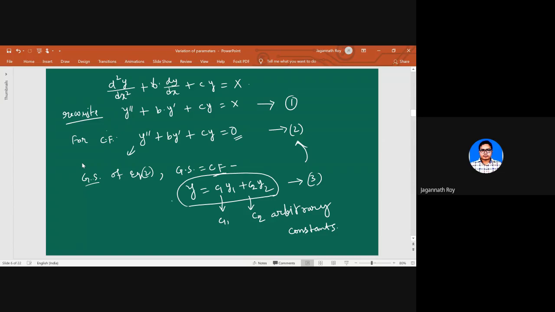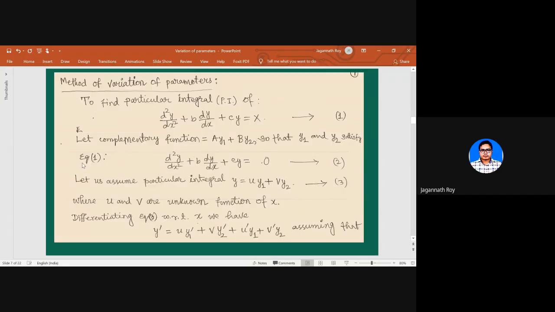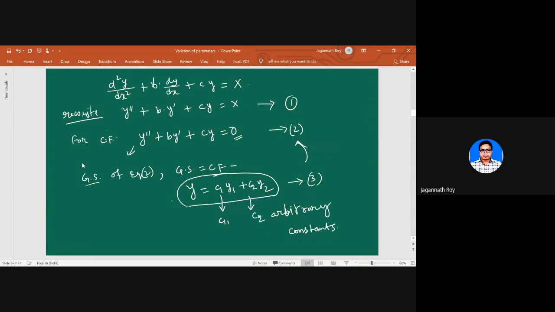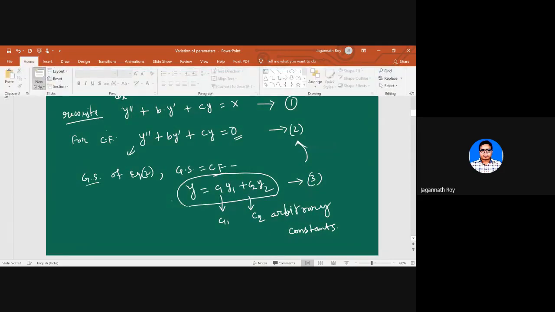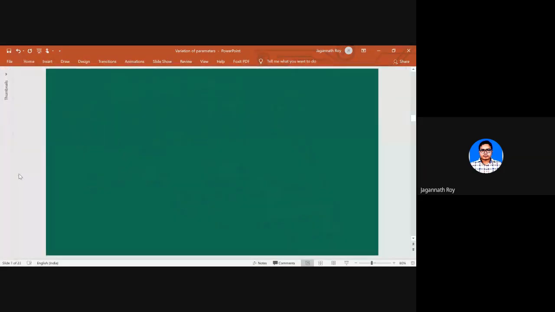But this is not a solution of equation 1 because the right hand side is x, so we have to make some changes. Equation 3 was there.